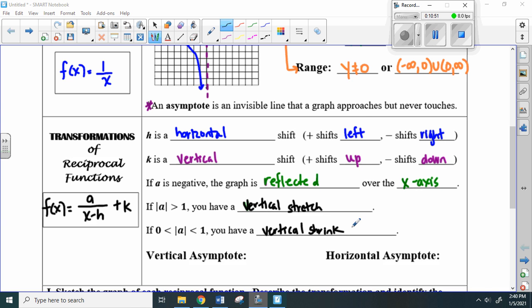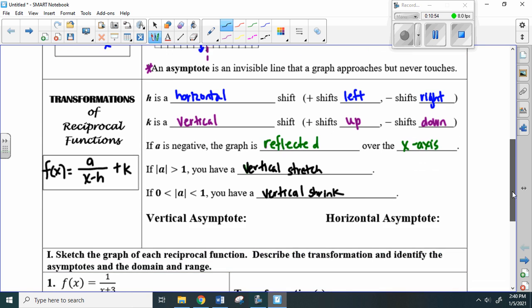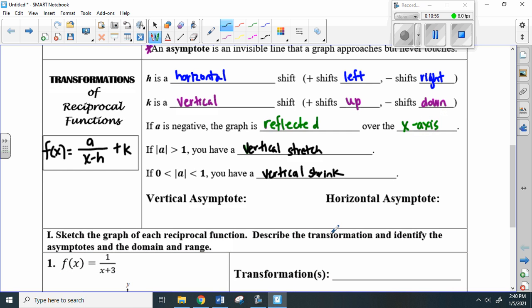Okay, so one other thing that you need to understand that you can get directly from an equation like this is where the vertical asymptote will be and where the horizontal asymptote will be. So the vertical asymptote is related to the horizontal shift because it has to do with the x value.